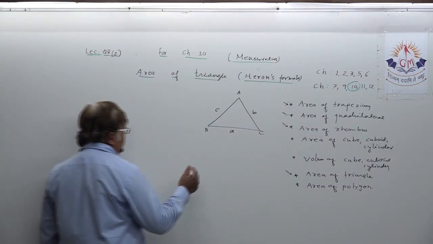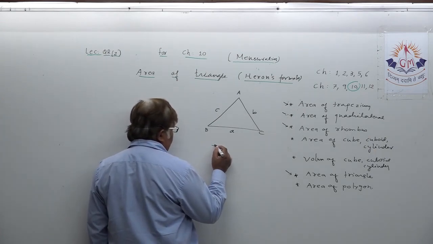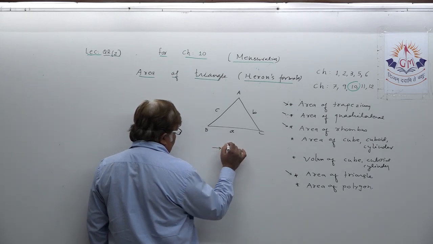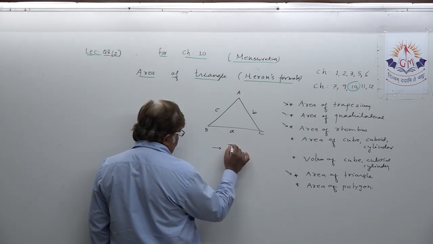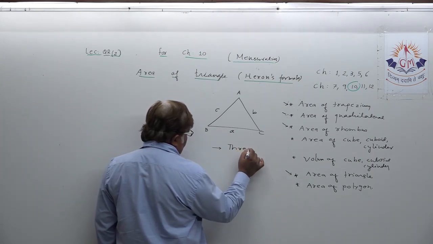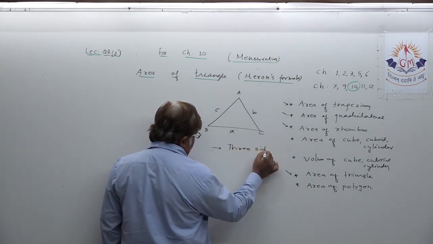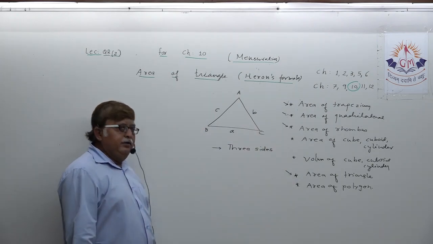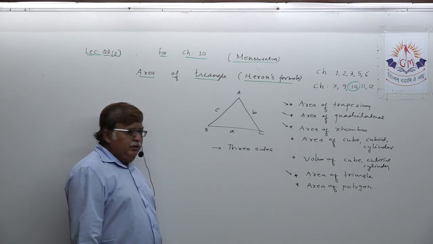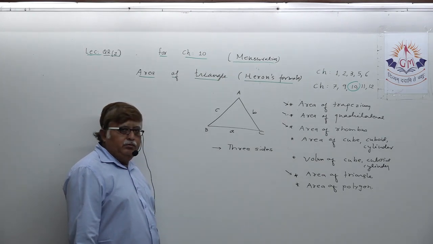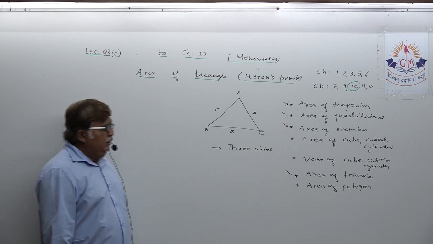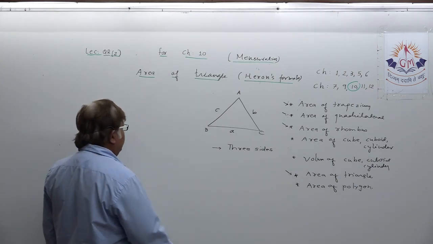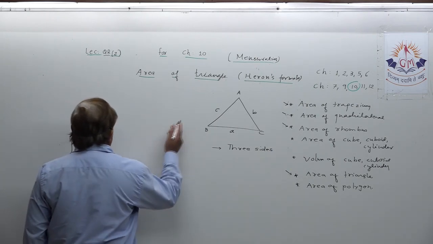Okay, so one thing is clear in your mindset that if you want to find area of triangle, you should know all three sides of triangle, understand. If you do not have the idea about three sides of the triangle, then it becomes little difficult to find the area. I will take one example in that way only.